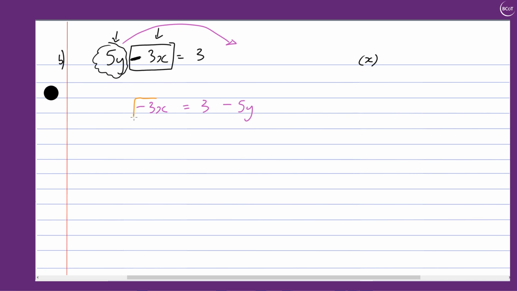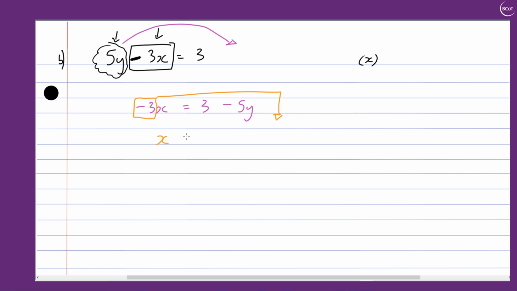And what we can do next is take the minus 3, swap and drop. So we'll end up with, that's to get the x on its own, because we've got minus 3 lots of x, but we only want one lot of x. So we can take the minus 3, swap and drop.